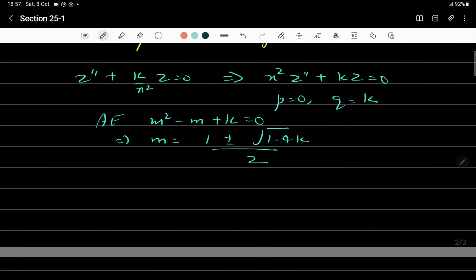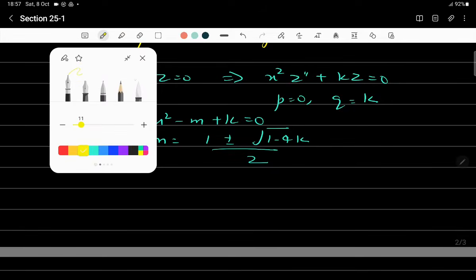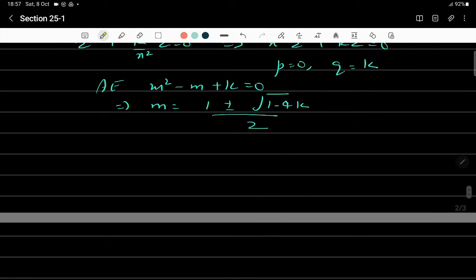So if I consider the case 1 − 4k ≥ 0, which is the same as k ≤ 1/4, in that case we will get real roots.